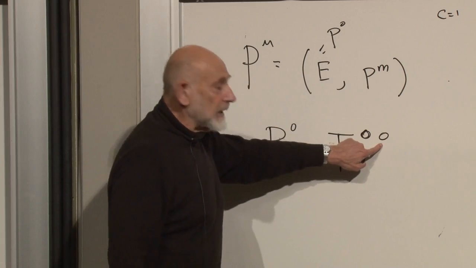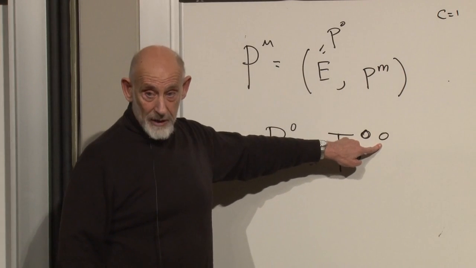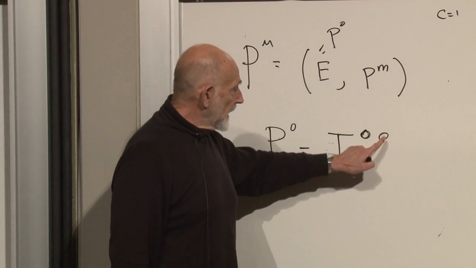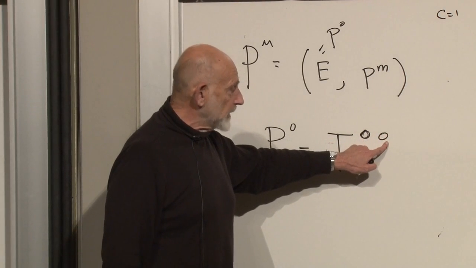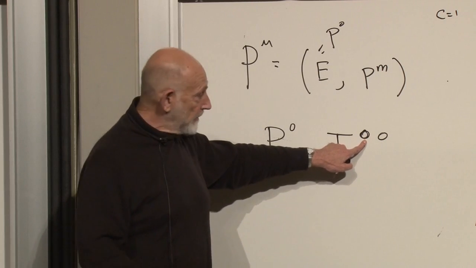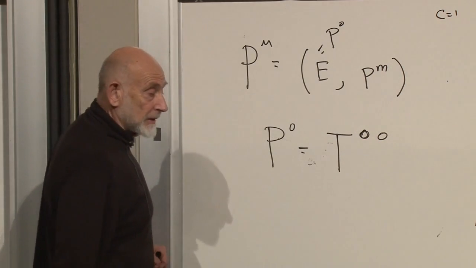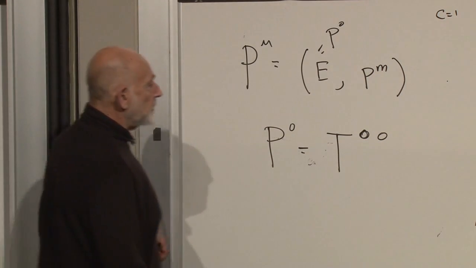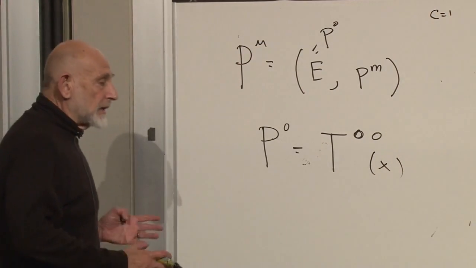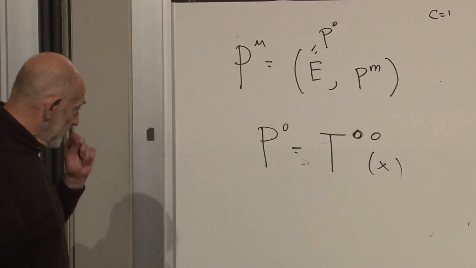The second naught indicates that we're talking about its density. So you can think of this then as the time component, meaning the density, of a thing which is itself a time component, namely the energy, T naught naught, and it's a function of position. If you integrate it over position, it tells you how much total energy you have.